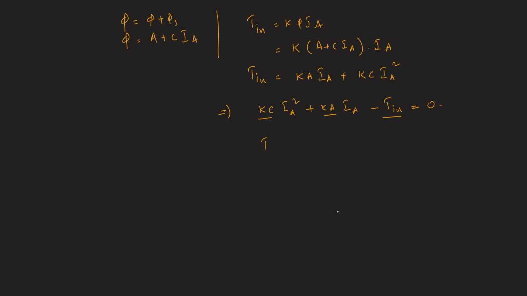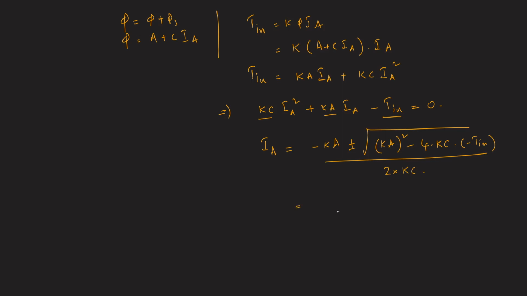So I will be finding Ia is equal to minus B, that is Ka, plus or minus root of Ka square minus 4 into A into C, that is minus tau induced, divided by 2 into A, that is Kc.